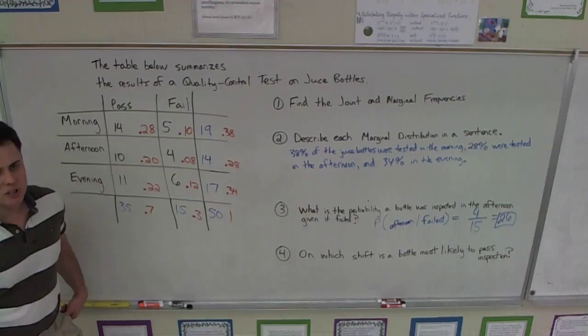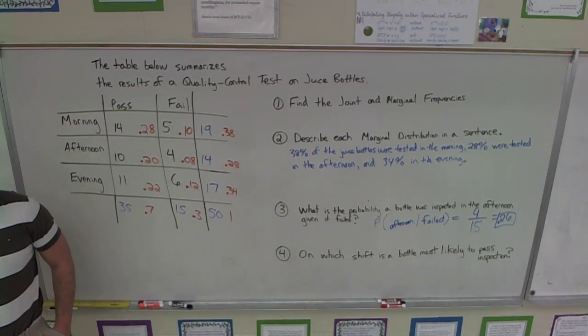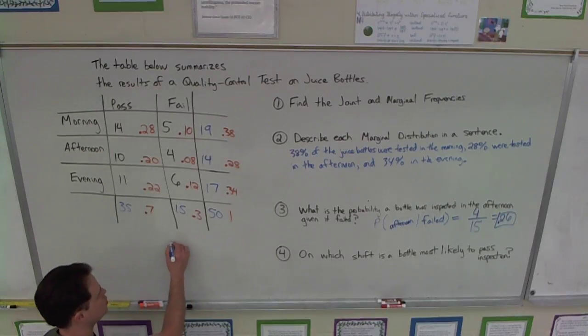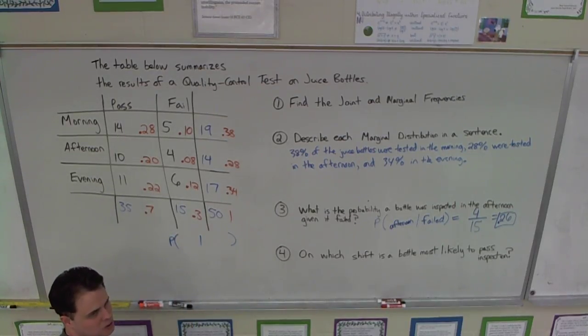So, what probabilities should we be investigating on this one? What do you guys think? What's the condition? I think we want to look at the probability of something given something else. What's the condition? Given that it passes. I think there's different ways to answer this question, really. On which shift is a bottle most likely to pass inspection?